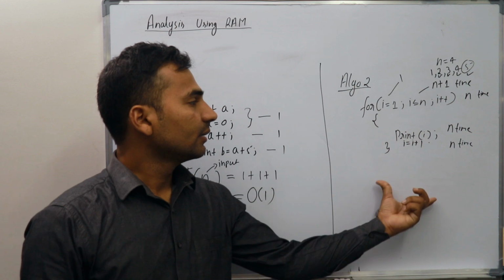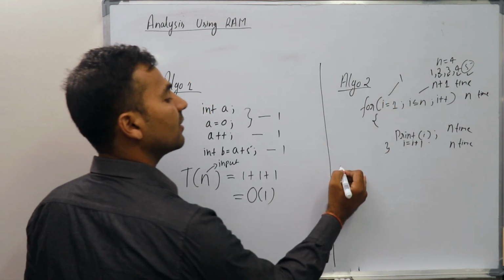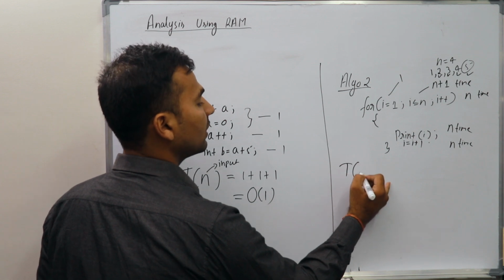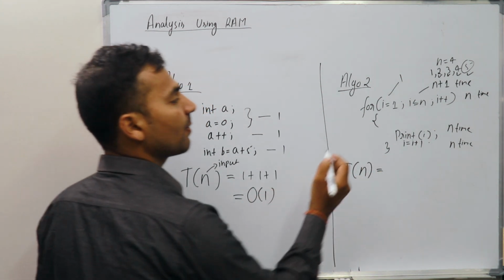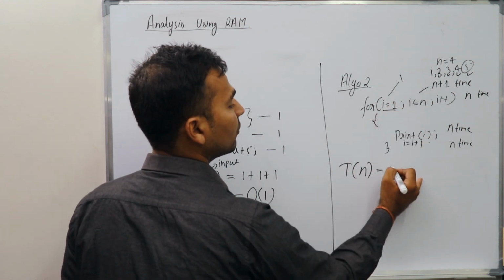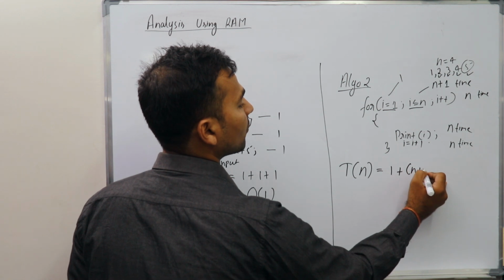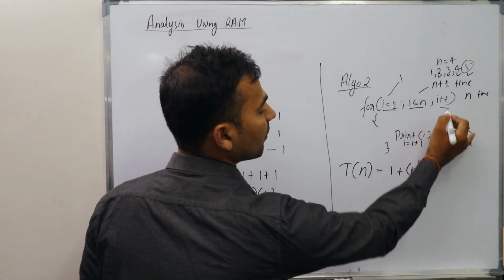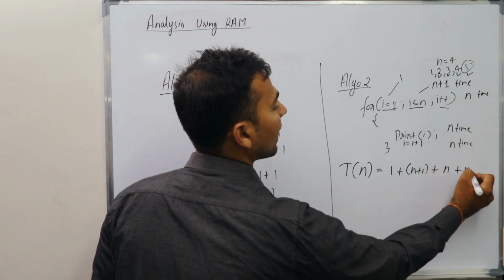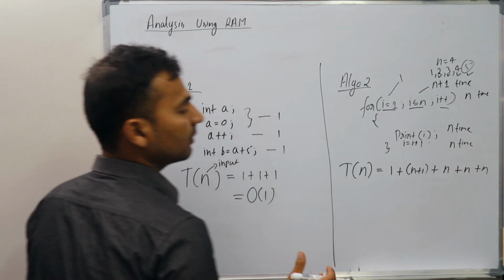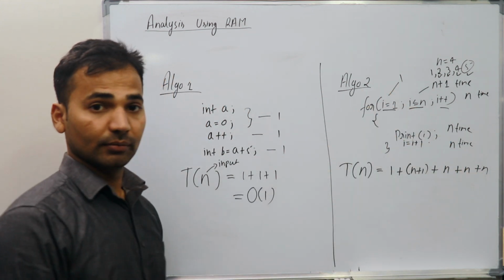So how do we write the complexity or running time of this for loop? We define a mathematical function of time of input, that is n. Then we sum up all the primitive operations: for this one it is 1, for this one it is plus n plus 1, then for this one it is plus n, and for this one it is plus n and plus n. So these are the number of primitive operations in the loop.